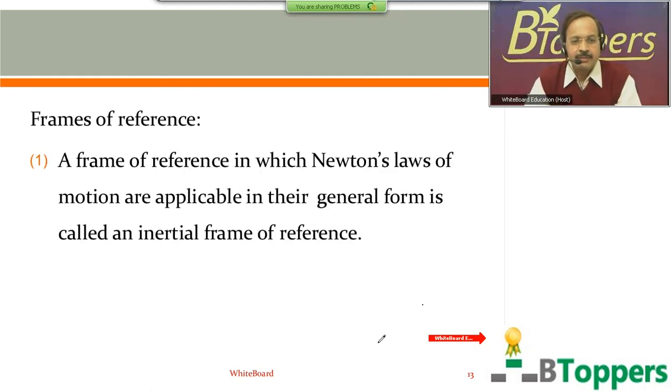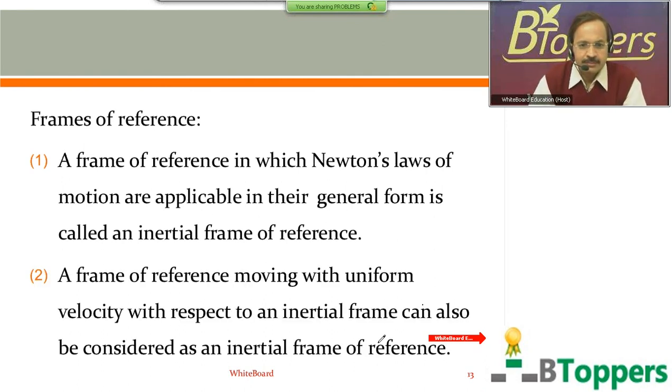The first point: a frame of reference in which Newton's laws of motion are applicable in their general form is called an inertial frame of reference. Second point: a frame of reference moving with uniform velocity with respect to an inertial frame can also be considered as an inertial frame of reference.